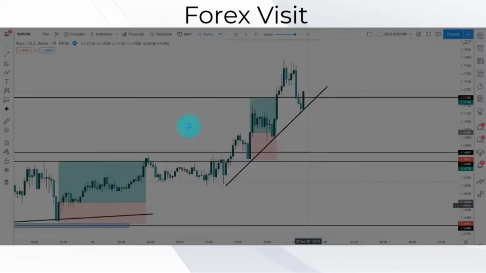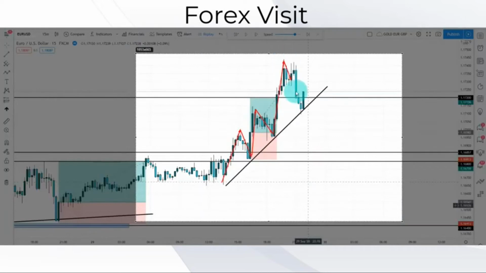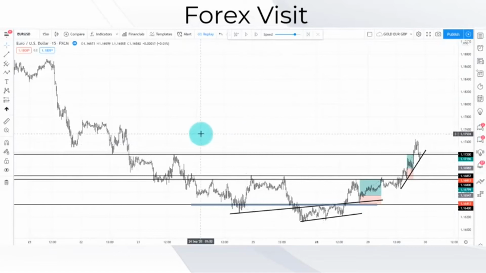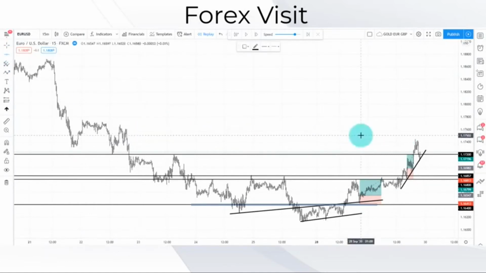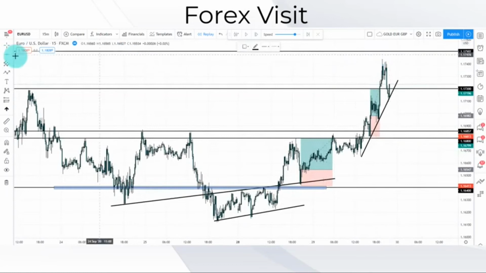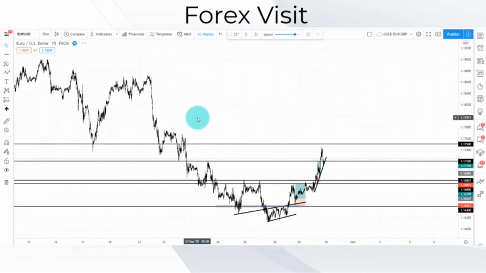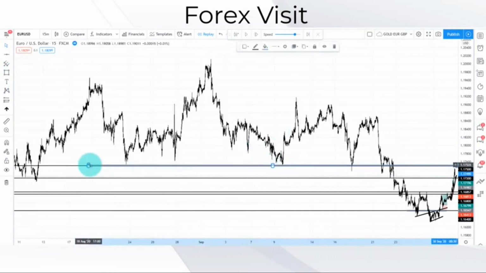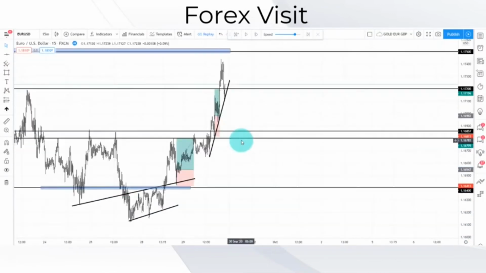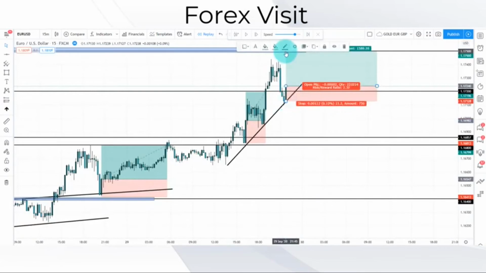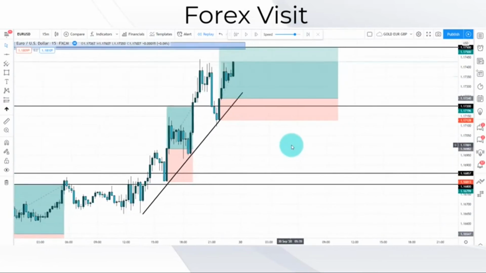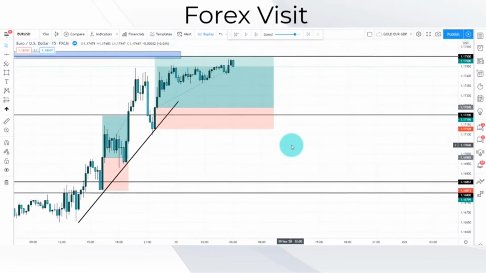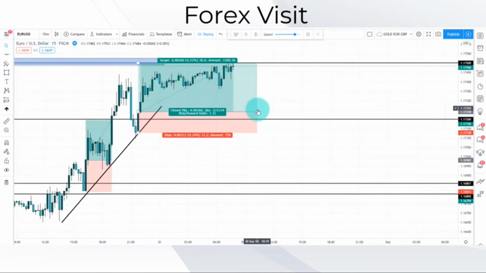So here we place a buy trade. We won this trade.